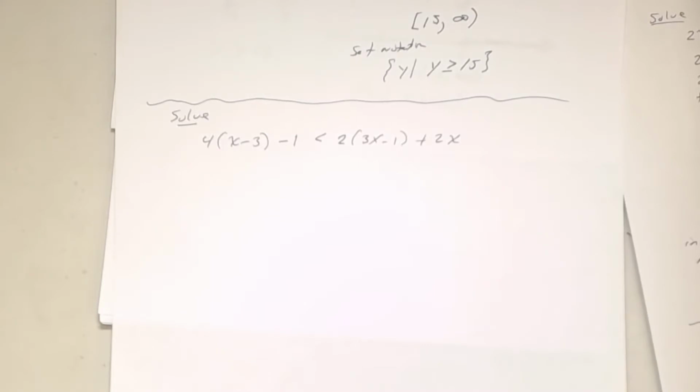So 4 times x minus 3 minus 1 is less than 2 times 3x minus 1, and then plus 2x. So what are you going to do?